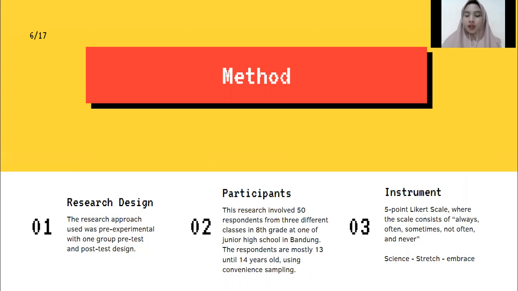It has 12 statements on the 5-point Likert scale, all of them positive. So the more they agree with the statements, the higher the score will be, because all the statements are positive. It is also divided into three aspects, which are science, stretch, and embrace, considered as three important aspects in curiosity.